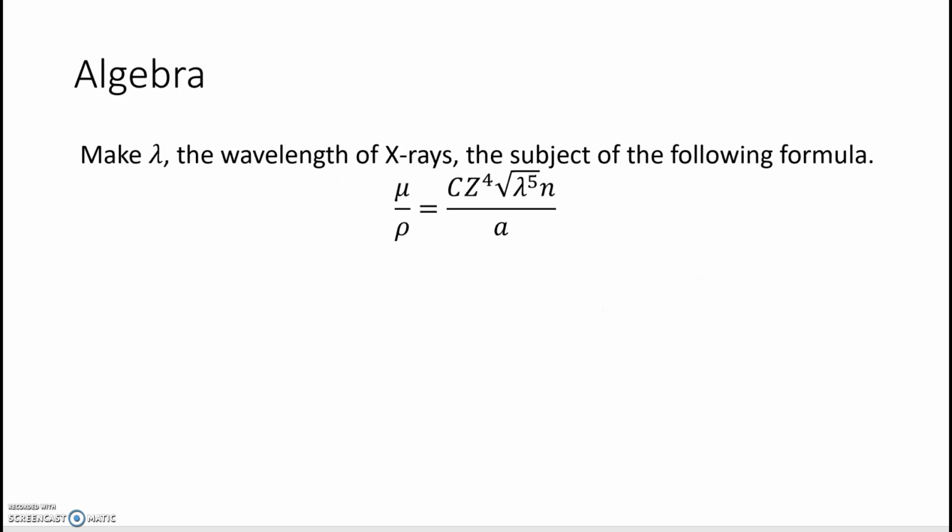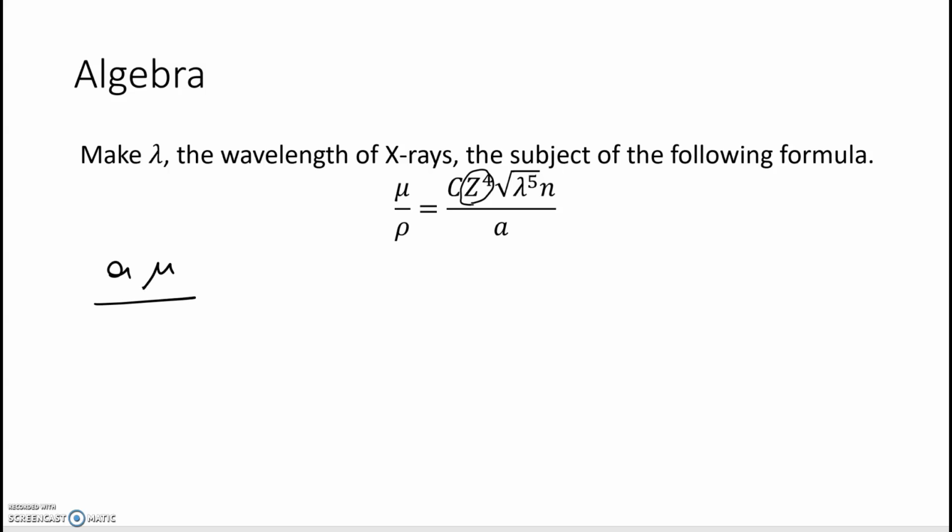The next question, make gamma the subject. So now the 4 belongs to the z, it's actually z to the 4th, it doesn't belong to the root. So we can do fairly big chunks.